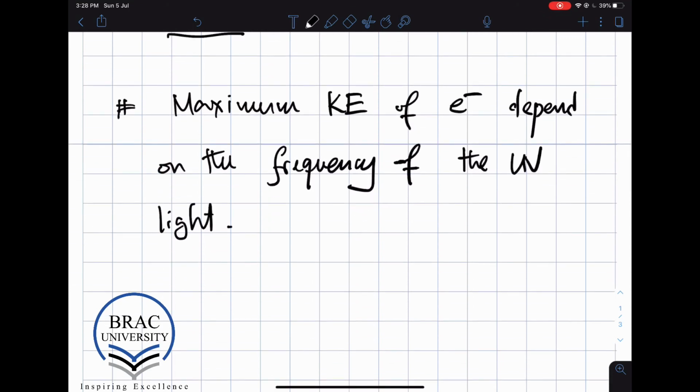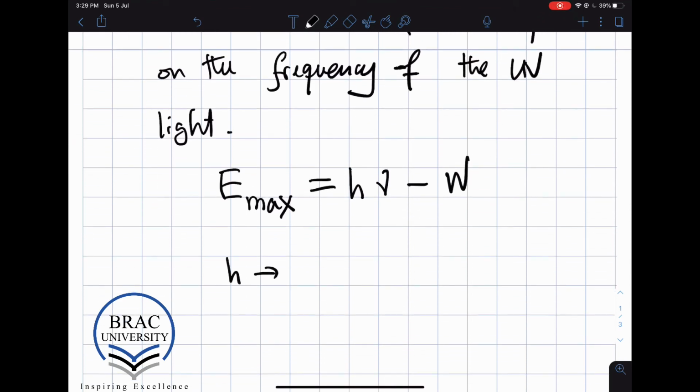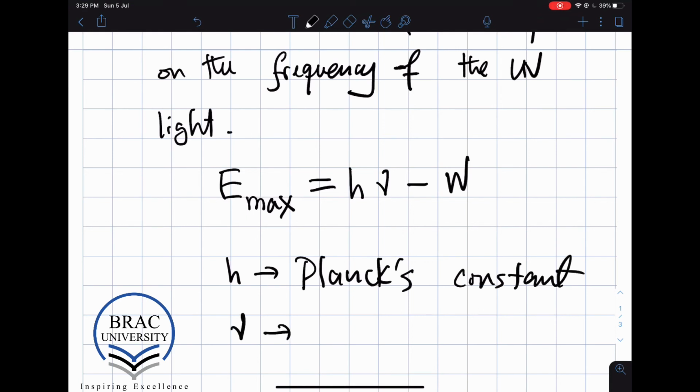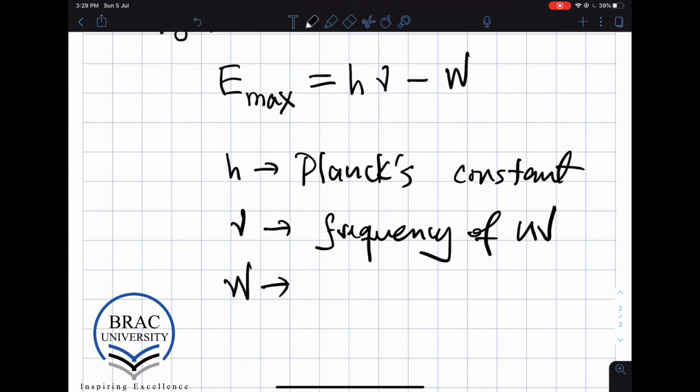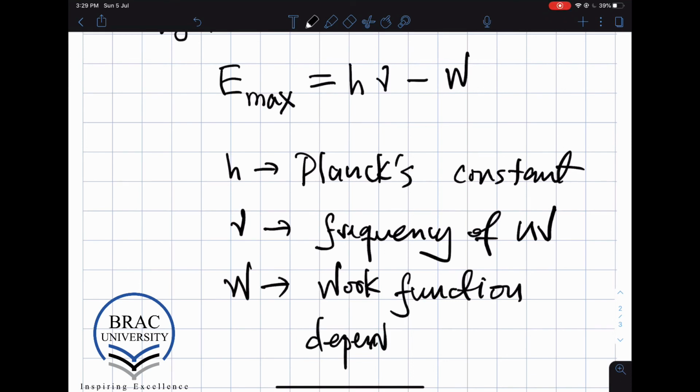The maximum energy is given by a formula where Emax is given by h nu minus W, where h is Planck's constant and nu is the frequency of the ultraviolet radiation, and W is called a work function, and it depends on the metal.